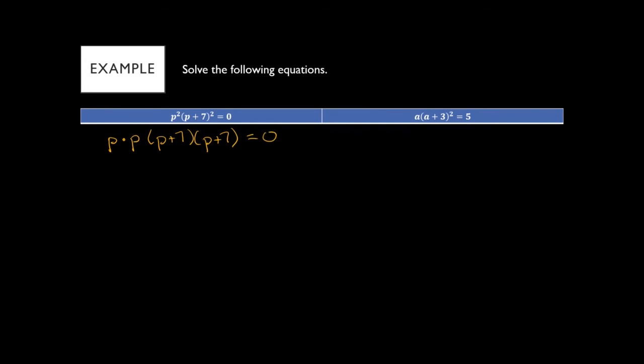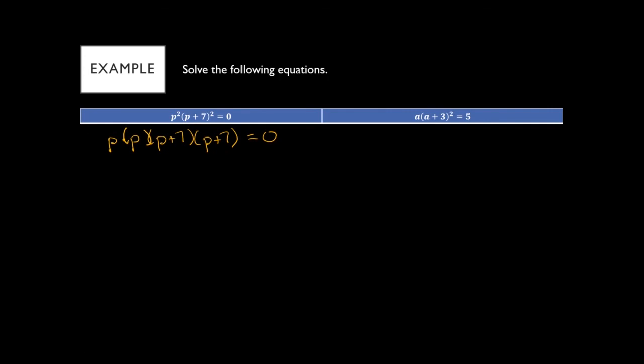So you can use the meaning of exponents, which is repeated multiplication, to split these up, and I can even put that in parentheses, so that you have all of your things factored and multiplied out. So I split the p squared into p times p, and the p plus 7 squared into p plus 7 times p plus 7.